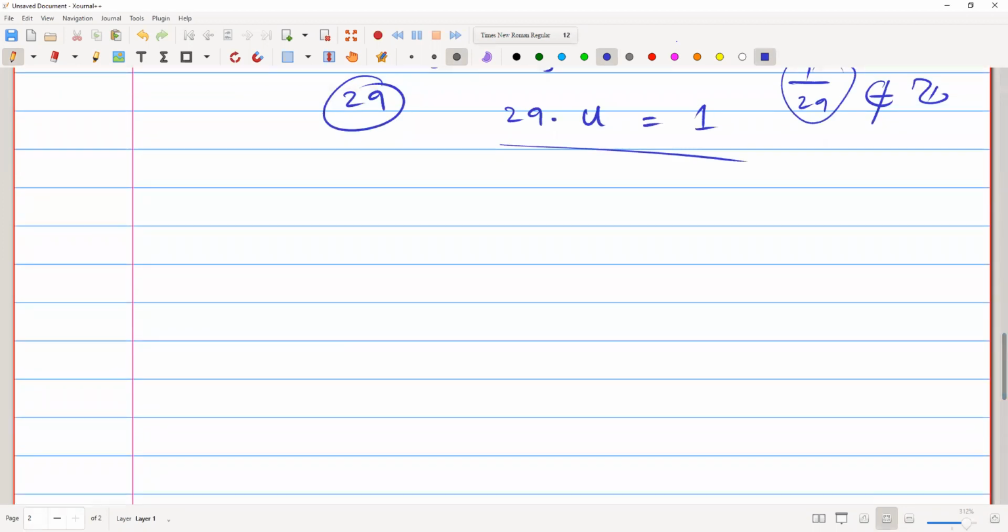And then again, rational numbers. Rational numbers are x such that we can write it as p over q, where p and q belong to the integers. X equals p over q. So every element is of the form p over q, where q cannot be equal to 0.